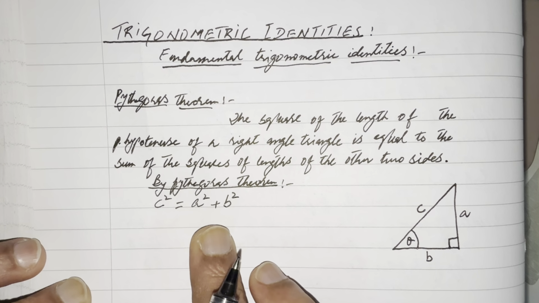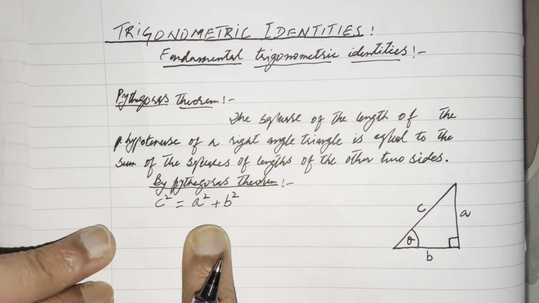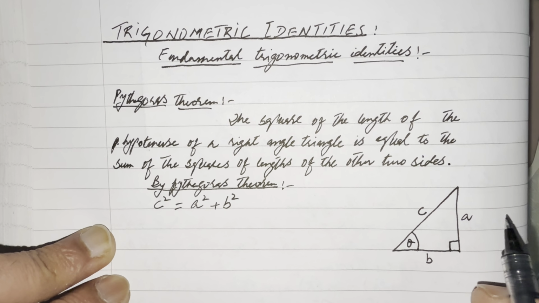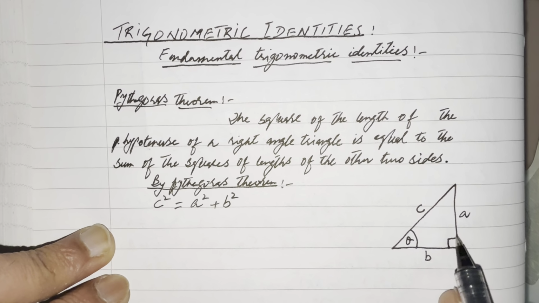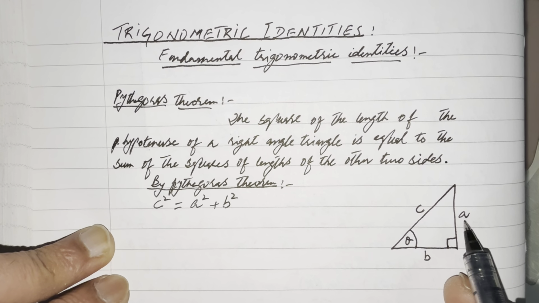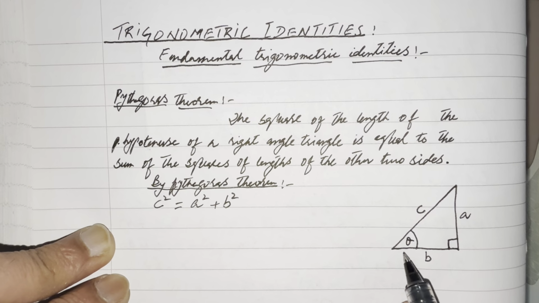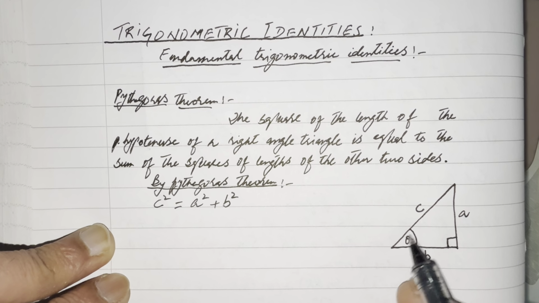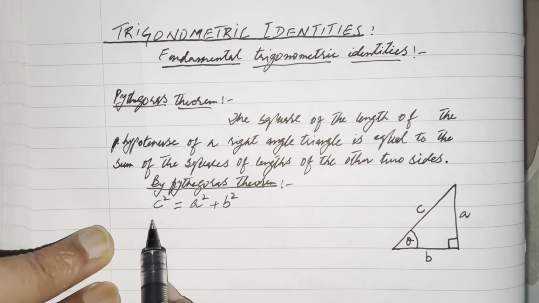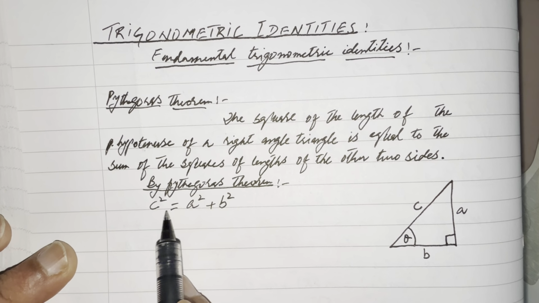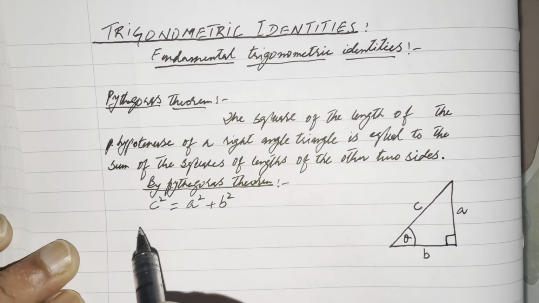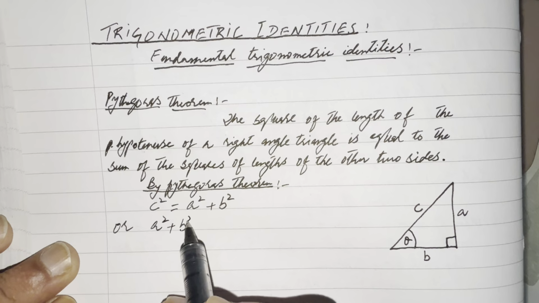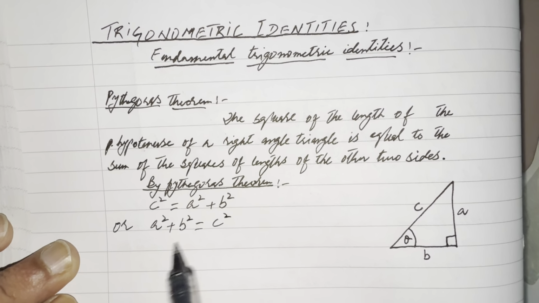So the perpendicular is represented with small a, the base is equal to small b, and the hypotenuse is equal to C. By using the Pythagoras theorem, we can say that C square is equal to A square plus B square, or A square plus B square is equal to C square.